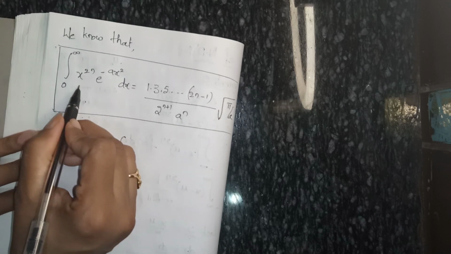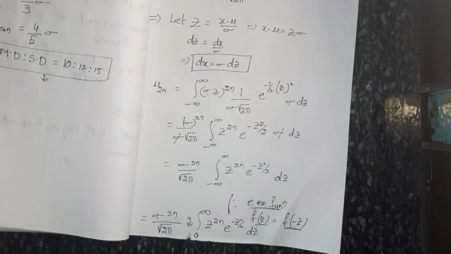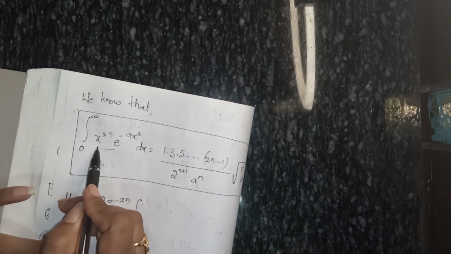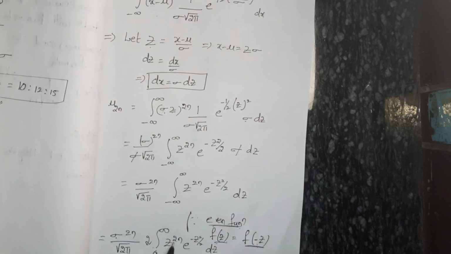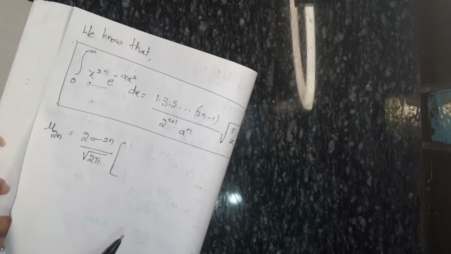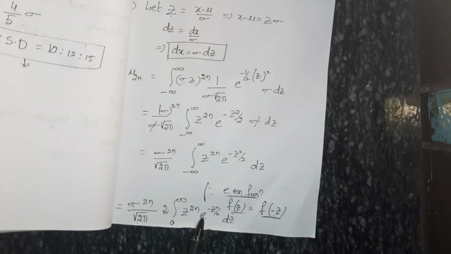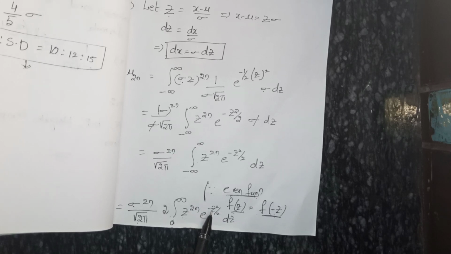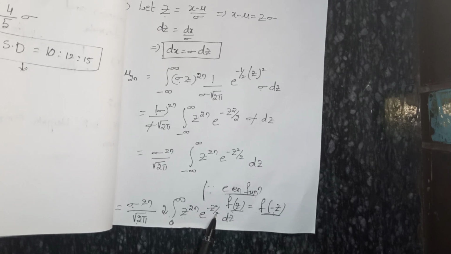We are going to compare this term with this one, isn't it? But here we have z, and there we have x. That is the only difference. So here z, there x, 2n, and e power minus a x square. Here we have e to the power of minus z square by 2.